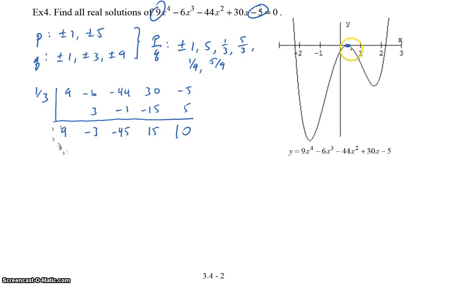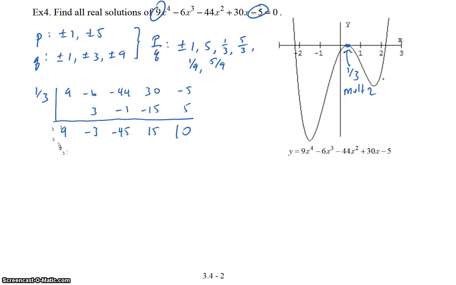This 0 at 1/3, where the graph is just touching, is indicating that 1/3 has a multiplicity of 2. Because remember, if a 0 has even multiplicity, the graph will touch but not cross the x-axis at that point.